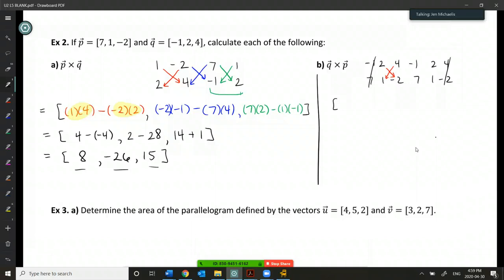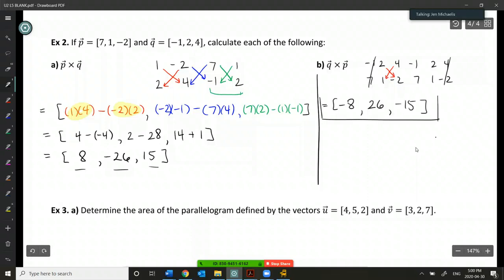So instead of 8, you're going to get -8. Instead of -26, you'll get positive, and so on. So the only impact when I do the cross product in the opposite order is that you get the vector in the opposite direction. So there's no need to calculate it out again. You're simply going to change the signs of each component in that vector.